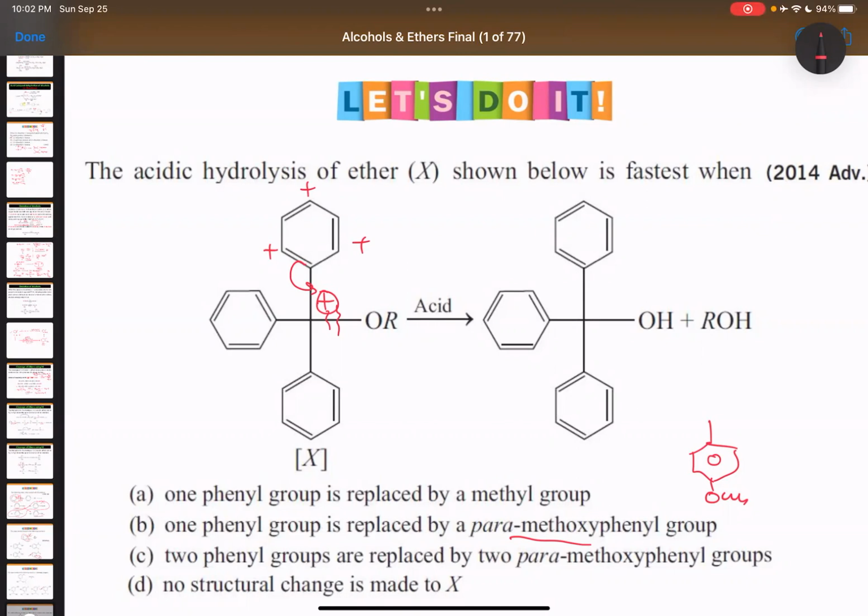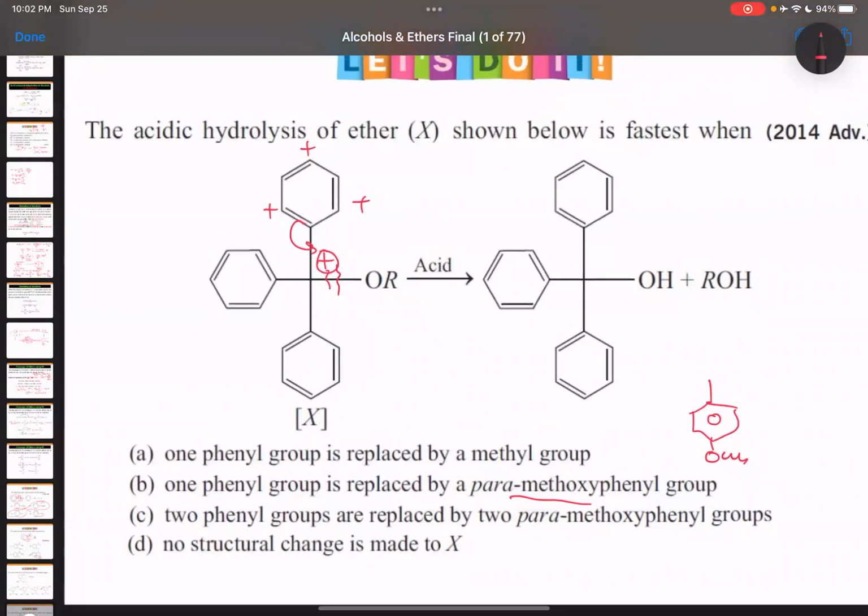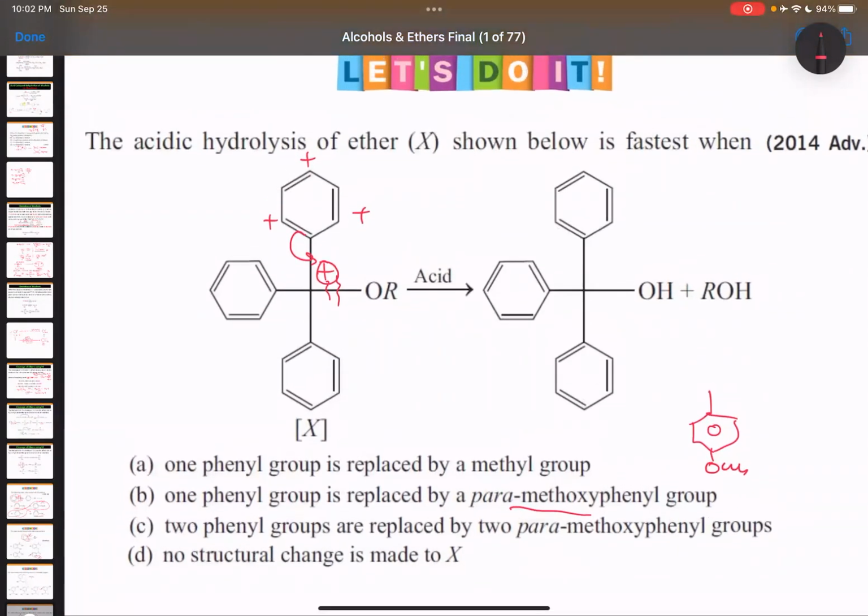Suppose you have this para-methoxy group, then it is going to be very stable, because that OCH3 group is going to do more resonance. It is going to give over its electron and make it more stable, right?